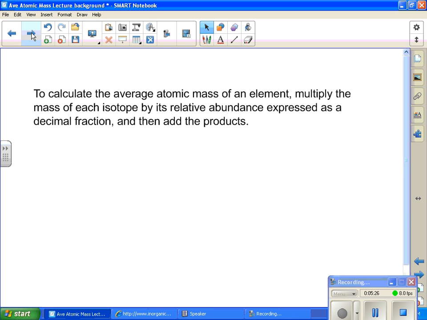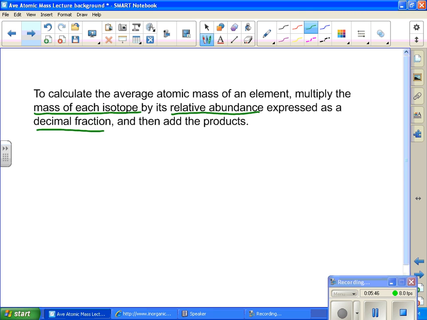Okay, now to calculate the average atomic mass of an element, here's what you need to do. You need to multiply the mass of each isotope by its relative abundance. And we're going to express that as a decimal fraction. And then you add the products.